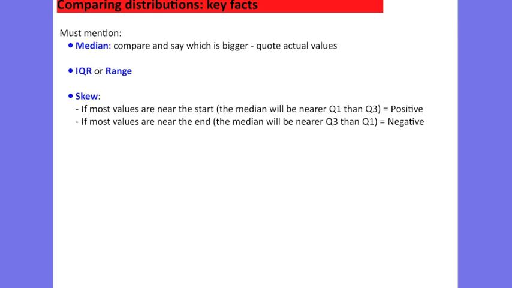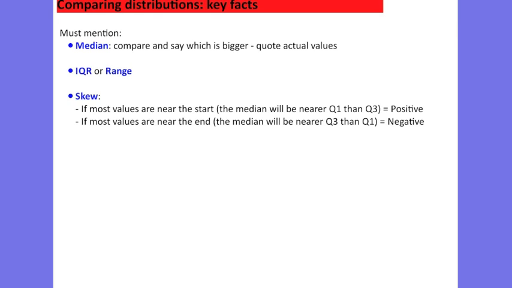You must compare and say which is bigger. Quote actual values. Similarly, you need to talk about the interquartile range or the range. This is about the spread of the data. Again, compare, say which has got a bigger spread, a bigger interquartile range or range, and quote values again.